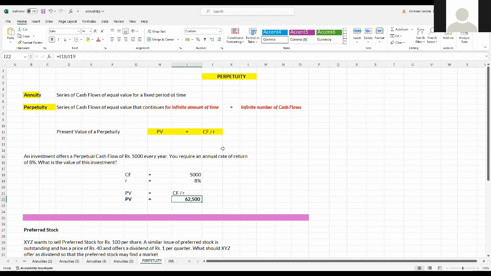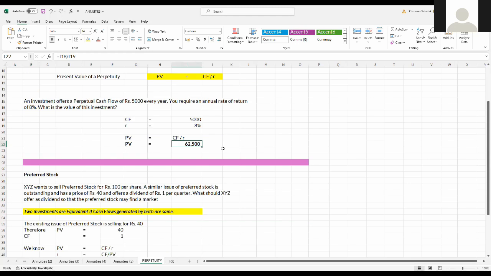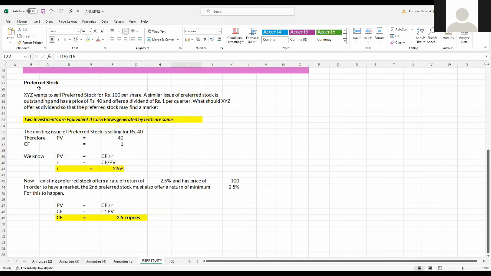Another example is preferred stock. What preferred stock is, and how you model its cash flows, is a matter of another topic, so we are not going to delve into that. Suffice to say that we will deal with the problem as it is given here.